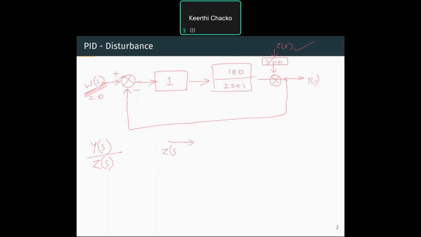Z(s), 3 by 2s plus 1. So that is being added here. And this entire feedback loop is given here.